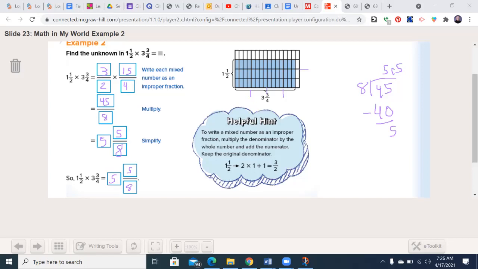A few more seconds on this. All right, let's go ahead and clear the screen. If you need to pause the video to continue writing, go for it.